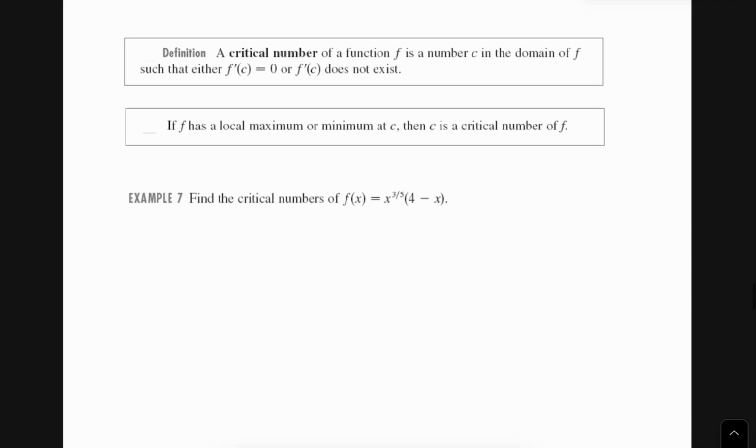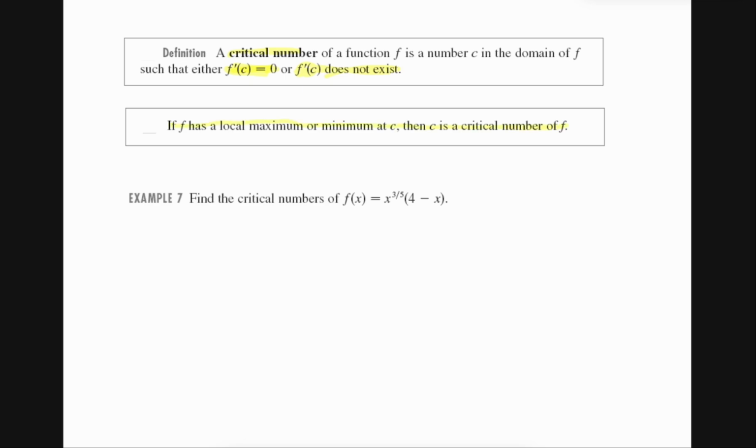So that leads us to critical numbers. What are critical numbers? Well, a critical number is where the first derivative equals 0 or the first derivative does not exist. So highlight that. A critical number is where the first derivative equals 0 or the first derivative does not exist. Okay. A local min or max has to occur at a critical number.